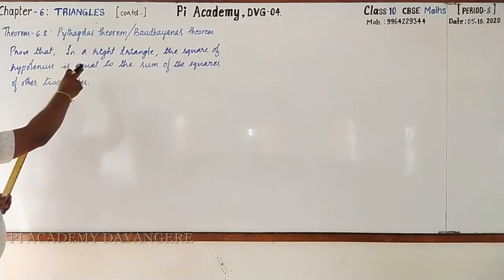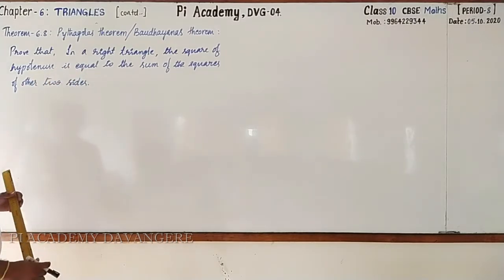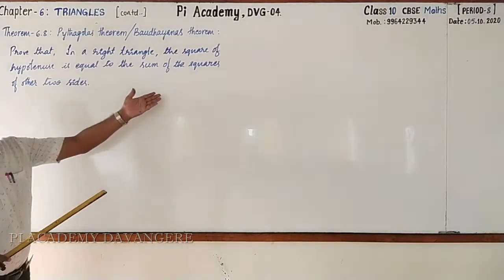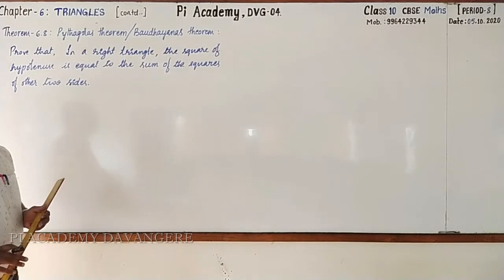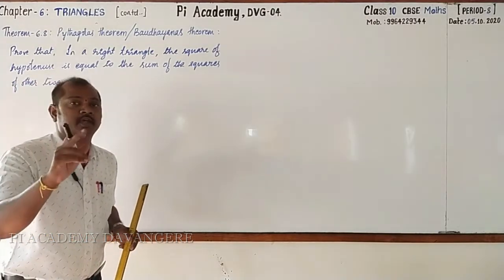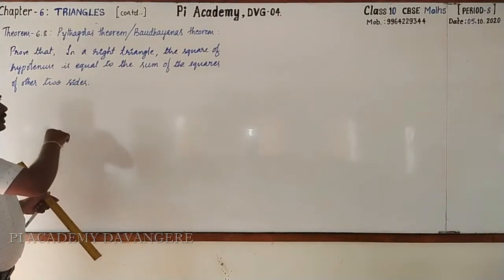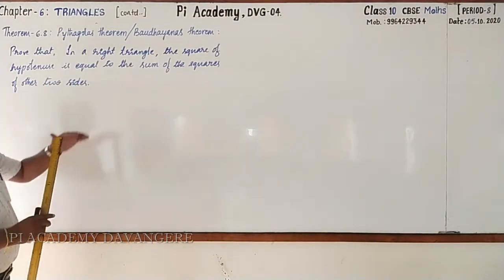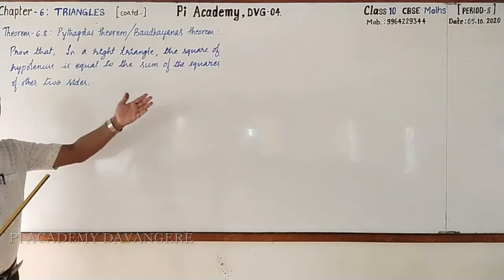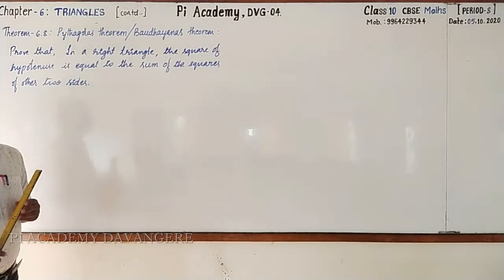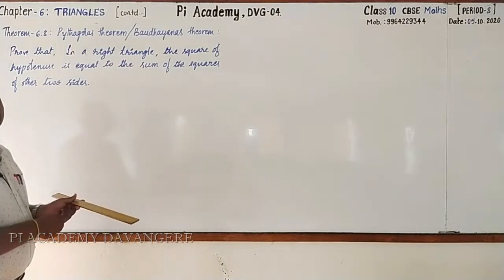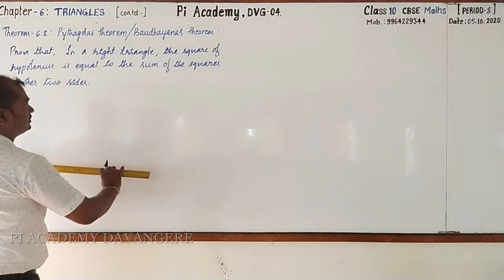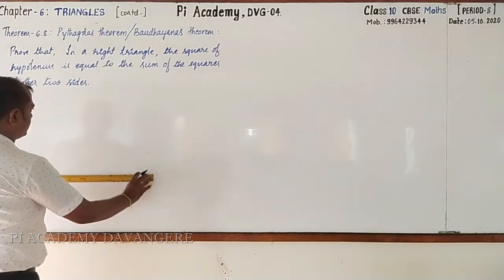Here, the statement is, in a right triangle, the square of the hypotenuse is equal to the sum of squares of the other two sides. The first step is drawing the appropriate geometrical figure. So, which geometrical figure should be drawn? It is a right triangle. Now, to prove this statement, as I said, we are going to use the results of similar triangles. So that is why I am going to draw the right triangle in a horizontal way, like this. Just keep observing and don't draw.